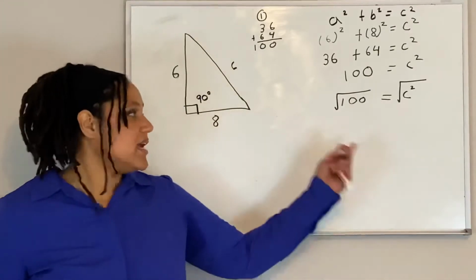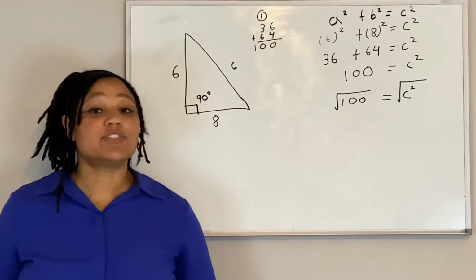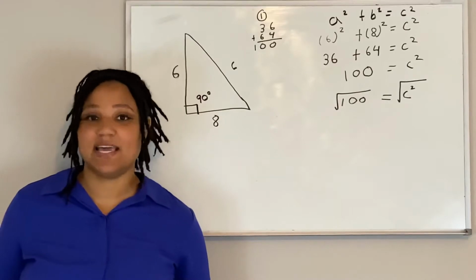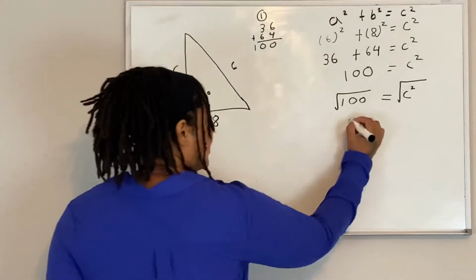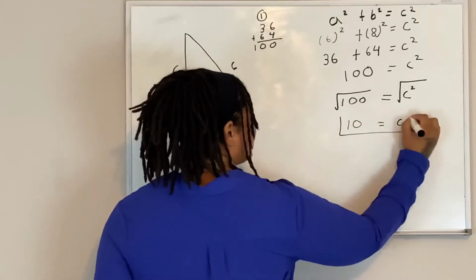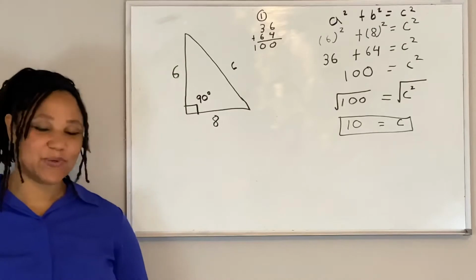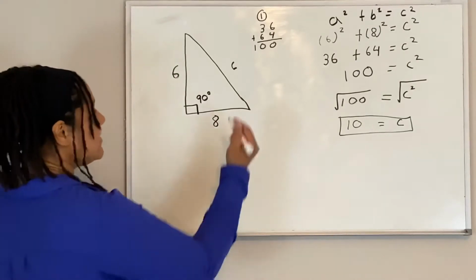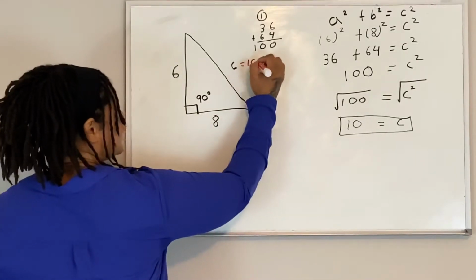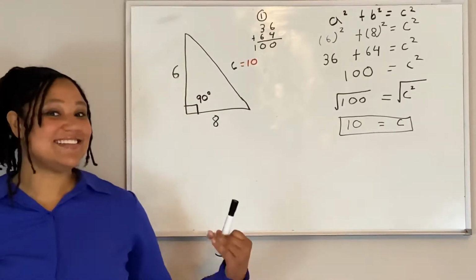Okay, and then as far as the square root of 100, what is the square root of 100? The square root of 100 is 10. Okay, so we have 10 is equal to c. So the length of the third side is equal to 10. So c is equal to 10. And that is how you find the third side.